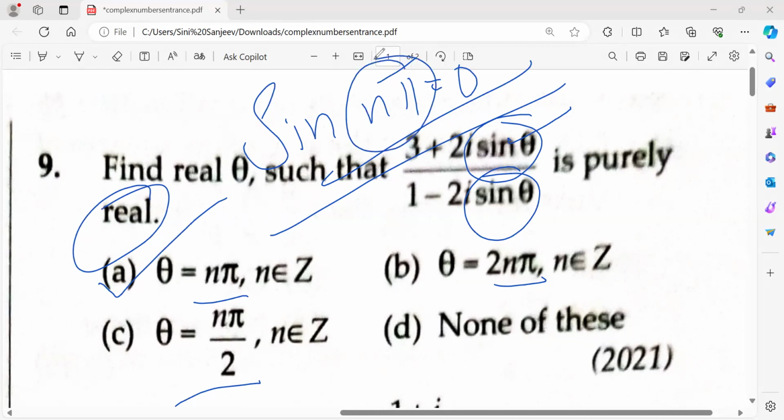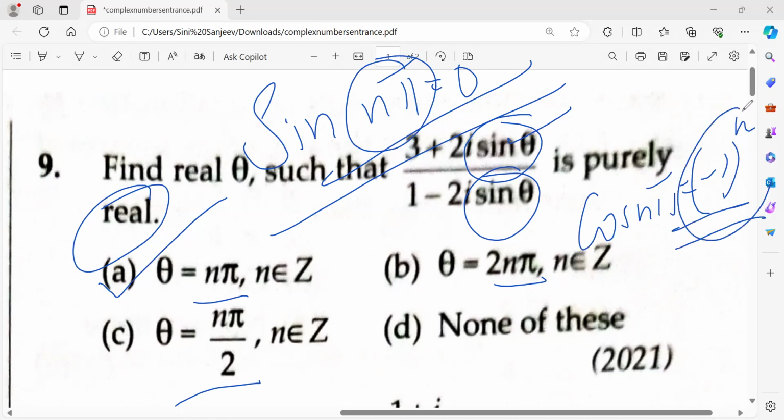In place of sine, if cos is coming, what is cos n pi value? Minus 1 whole power n. Then you can ask me one more thing. What happens if tan comes? That kind of questions won't come as the answer. Suppose if cos n pi is coming, minus 1 whole power n.